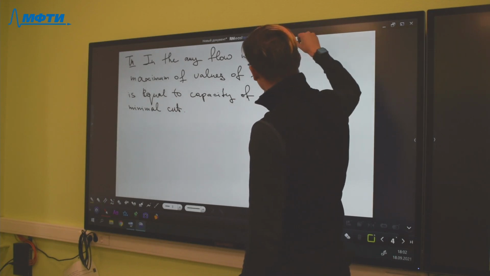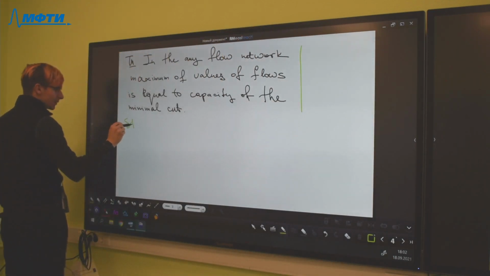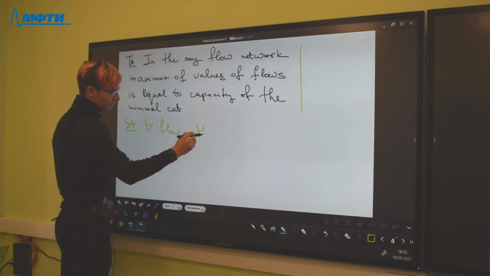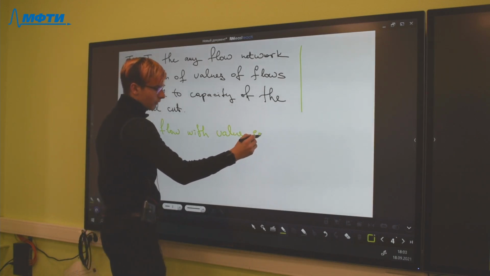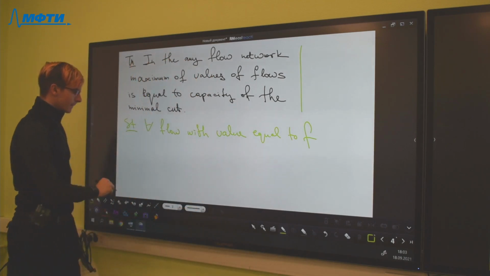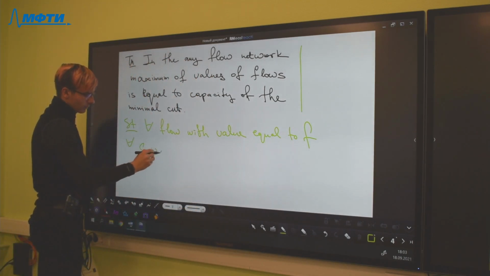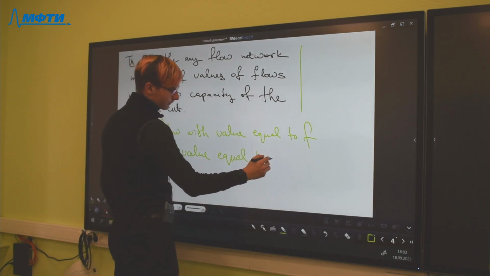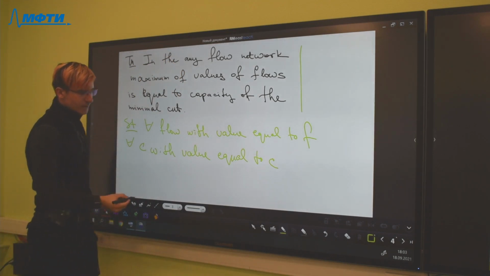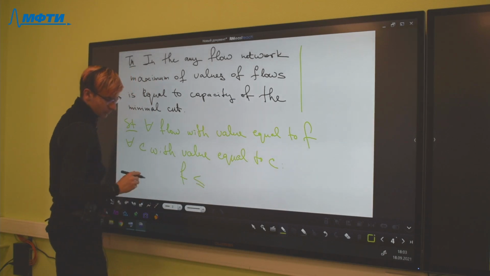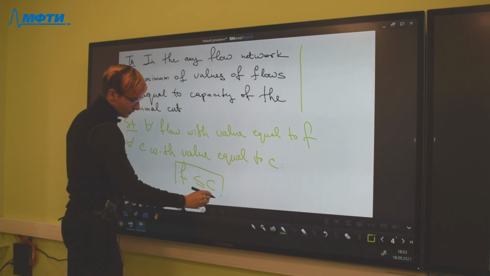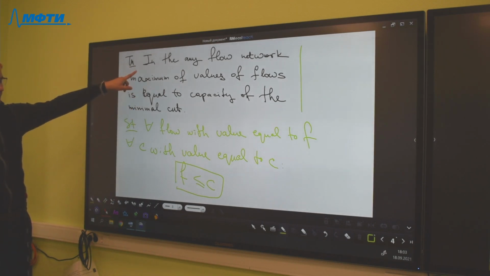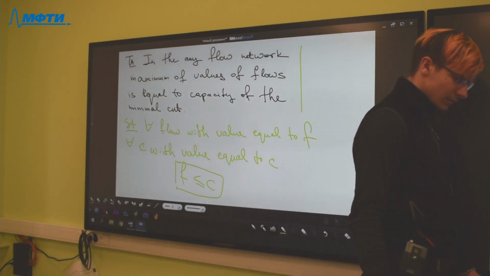It's important that it's a theorem and a very simple statement that for each flow with value equal to F, and for each cut with value equal to C, we can say that F is not bigger than C. It's named strong duality, and it's named as not strong duality.